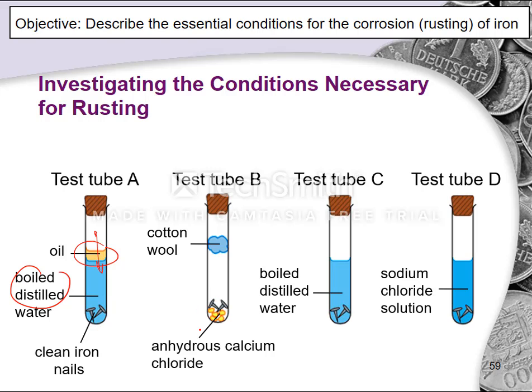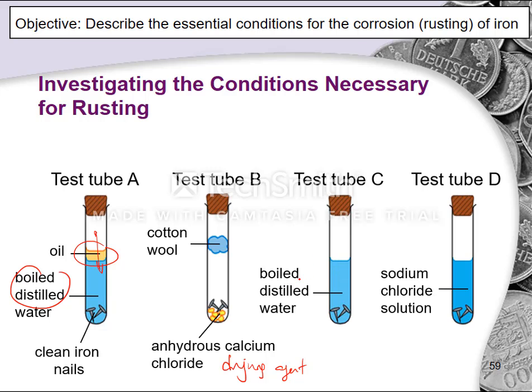In B, anhydrous calcium chloride is the drying agent. It absorbs moisture. So in test tube B, there is oxygen. Obviously, there's air, there's oxygen. But because the drying agent absorbs away all the moisture in the air in test tube B, the iron nail doesn't have water for it to rust.